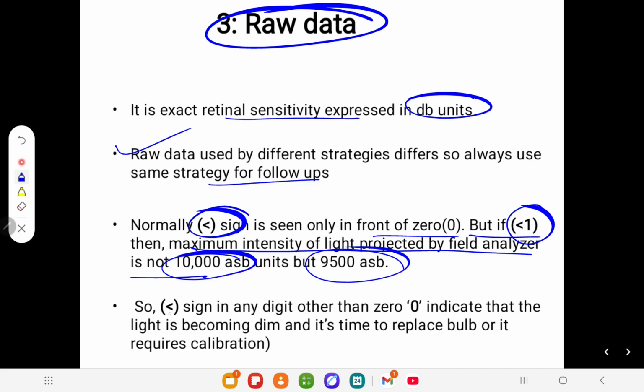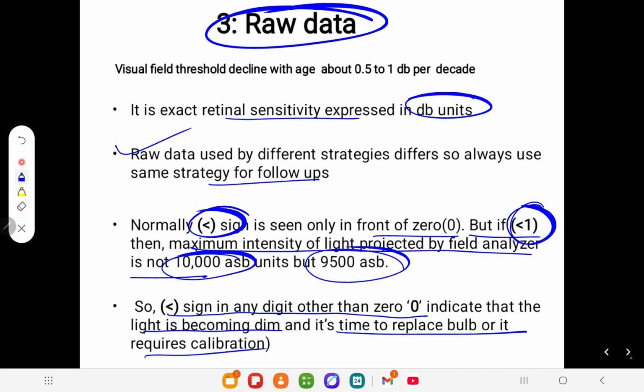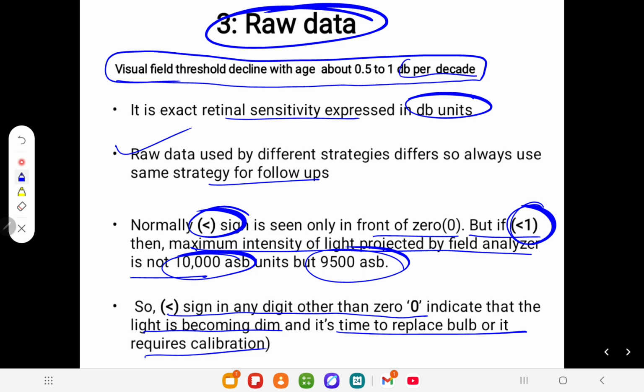If this sign is seen in front of any number other than 0, it indicates that the light is becoming dim and it's time to replace the bulb. So it's very important whenever you see this kind of greater than 1. Another point you must understand is that visual field threshold, particularly retinal sensitivity, declines with age about 0.5 to 1 decibel per decade. Okay, this is very important.